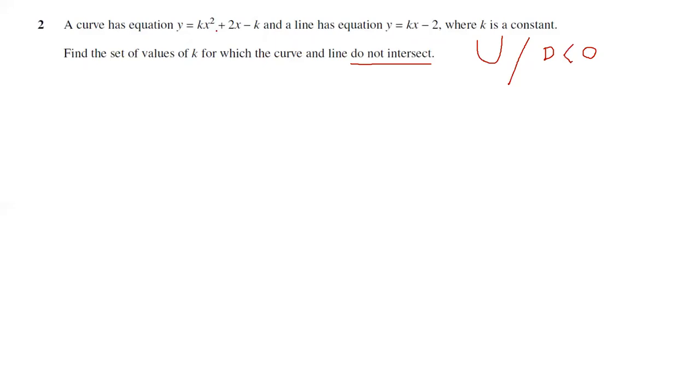So we will substitute kx minus 2 into this equation. kx squared plus 2x minus k equals kx minus 2.